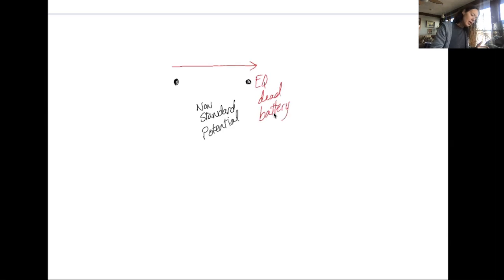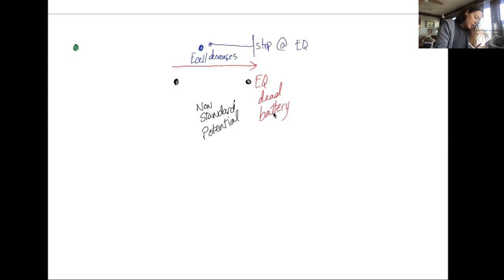So if my non-standard cell takes me over here, versus here, you see that here my E cell for my non-standard decreases. This is a good little diagram because I only have to get here and then I stop because we're at equilibrium, all right?